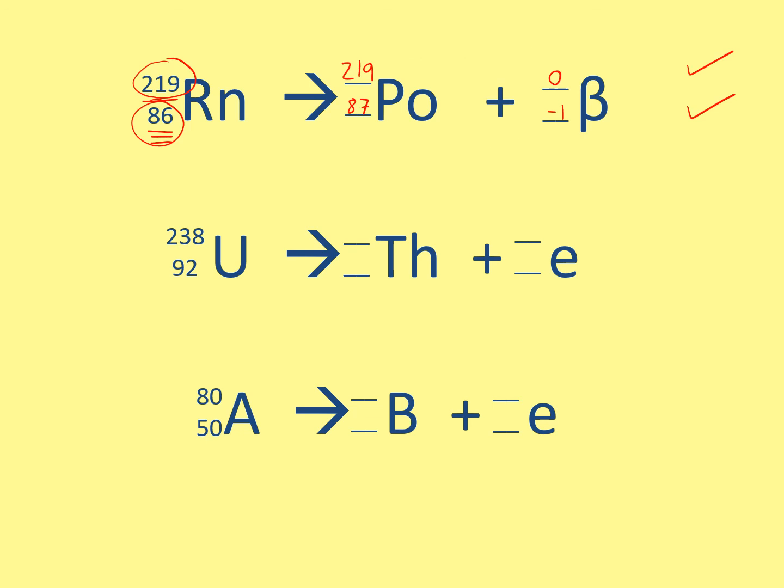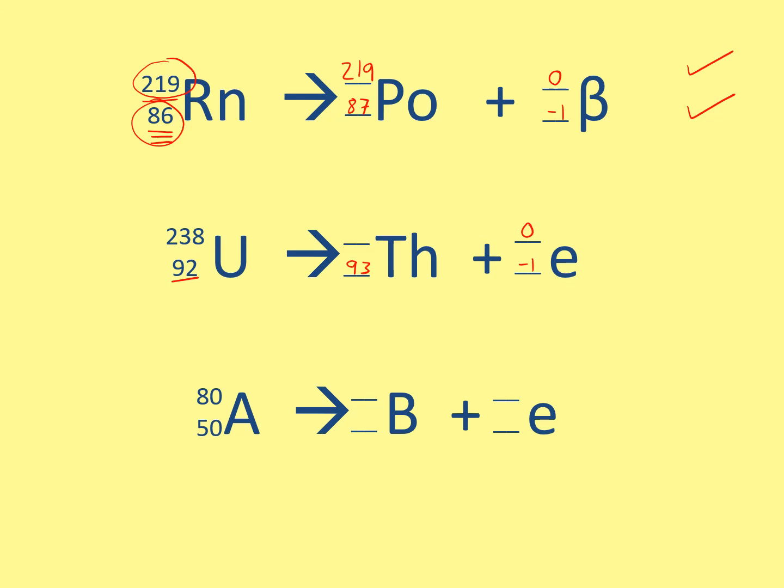Pause the video and have a go at question 2 and question 3. Question 2, we can automatically put in 0 minus 1 because every beta particle is 0 minus 1. Then I can see uranium started with 92 protons, and one of those neutrons turned into a proton, so I'm going to gain a proton here.